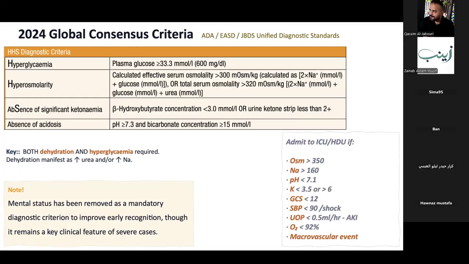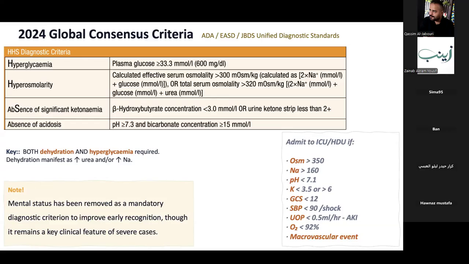Severe HHS: a patient is considered to have severe HHS when their osmolality is above 350, sodium above 160, acidotic with a pH below 7.1. They have reduced GCS. They have abnormal potassium, whether extremely low or high, and they are hemodynamically unstable.